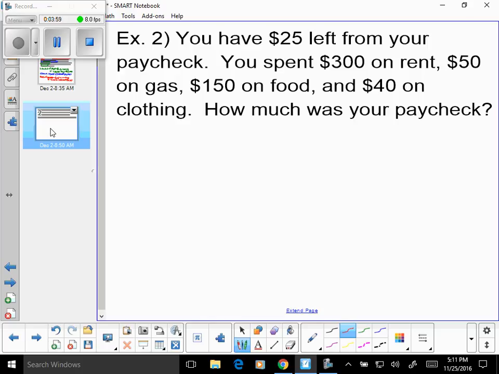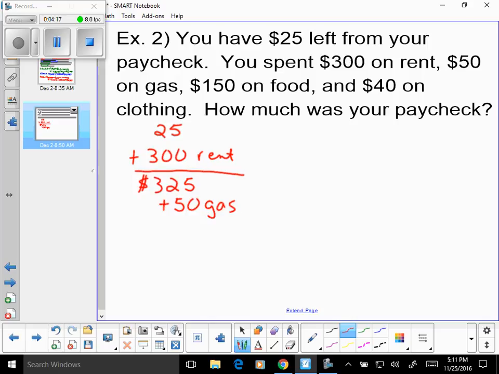However, if you're working backwards, you're going to start with this 25, then you are going to add the 300 from the rent, which means that at one point you had $325. Then you're going to add back the $50 you spent on gasoline, so you have $375.